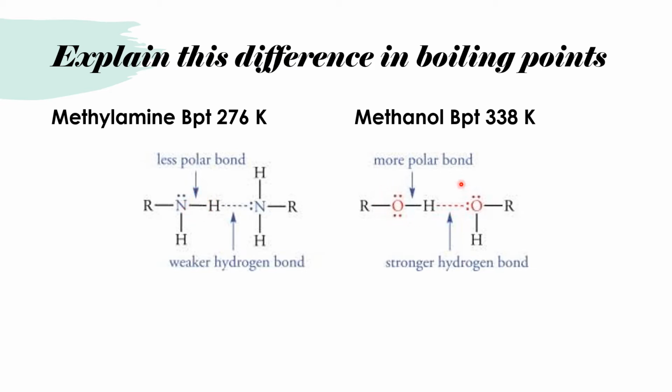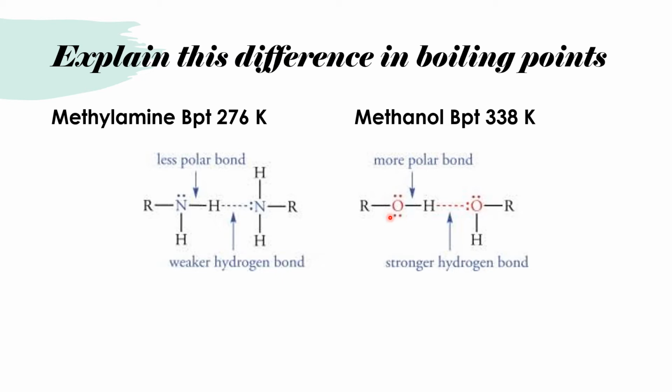Here on the right hand side, we're looking at methanol. So we've got a polar bond between oxygen and hydrogen, and a hydrogen bond then between oxygen and hydrogen of different molecules. What you want to do here, remember, when you're looking at difference in boiling points, is look at the electronegativity of this oxygen and this nitrogen. And if you have your periodic table there, or if you're starting to remember it because you're so used to looking at it, you will know that oxygen is right beside fluorine, which is described, remember, as the big daddy of the electronegativity.